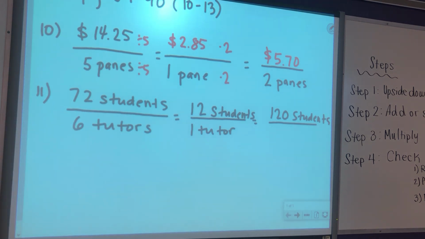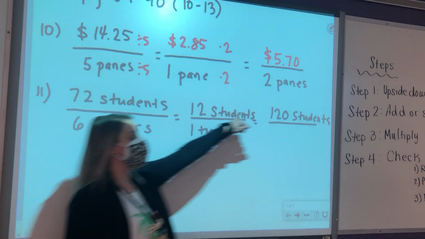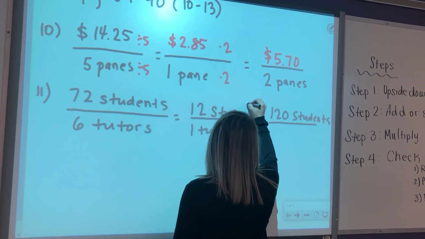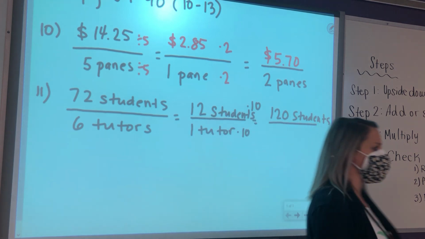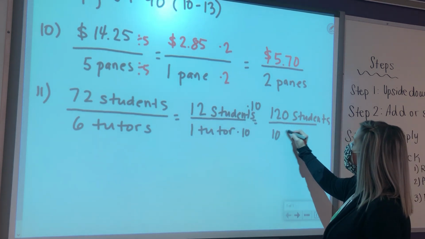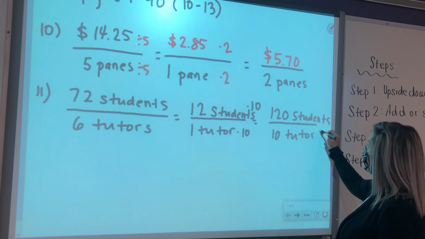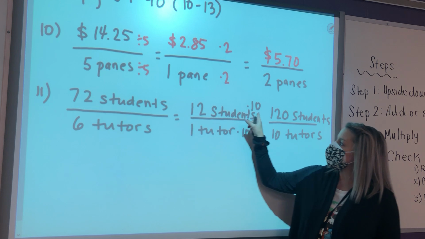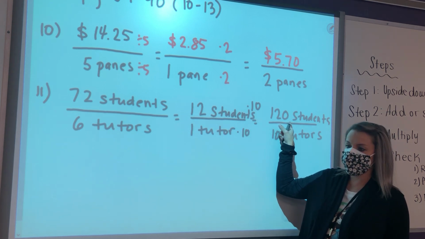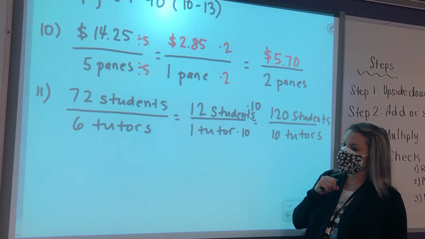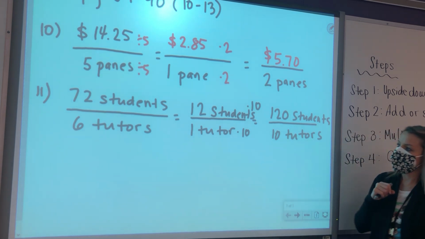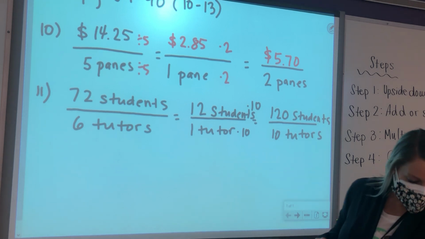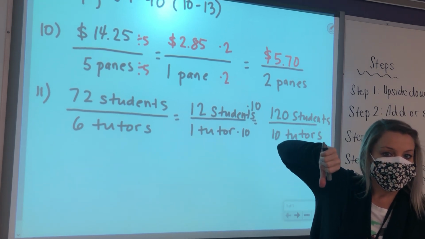Yes, it does. How do I get from 12 students to 120 students? Times 10. So if I multiply by 10 and by 10, how many tutors do I need? 10. What did you multiply by 10? 12 times 10 gives me 120. Is that okay? Thumbs up?